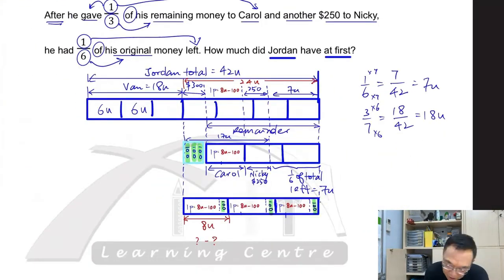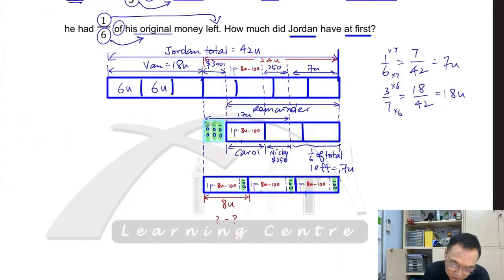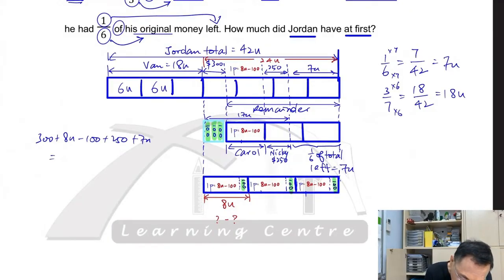Fantastic. So now, if I were to combine them for you to see, I'm going to write all that down. So it's 300 plus 8 units minus 100 plus 250 plus 7 units. This will give me 15 units plus 450.